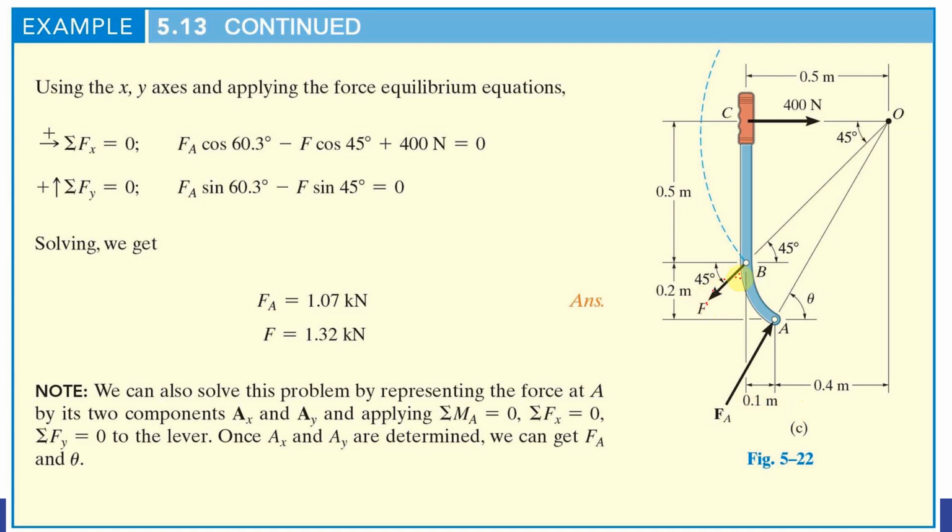We've got a negative F cosine 45, and then a positive 400 equals 0. And then F_A sine 60.3, the up and down portion, minus F sine 45, F is going down, so it's a negative sign. And now we can solve for everything. Anyway, it's calculator crunching now, and you guys, I'm pretty sure you can get this.